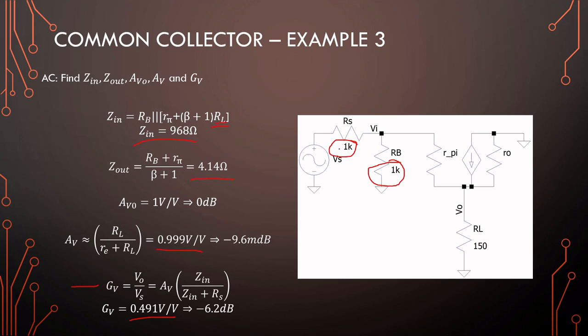So if we have 10 volts here, it will be 5 volts here, but we will still see 5 volts at the output. So our problem lies with the input impedance of our common collector amplifiers.